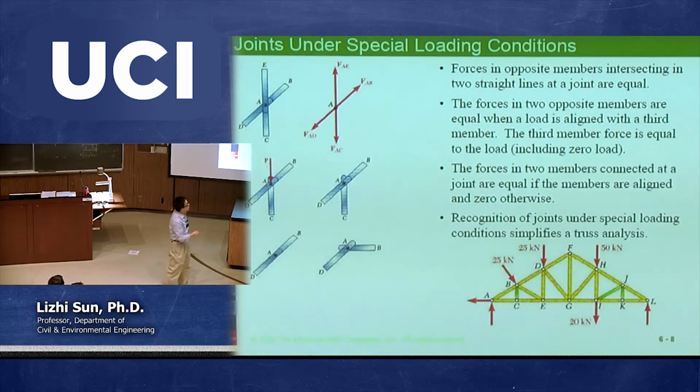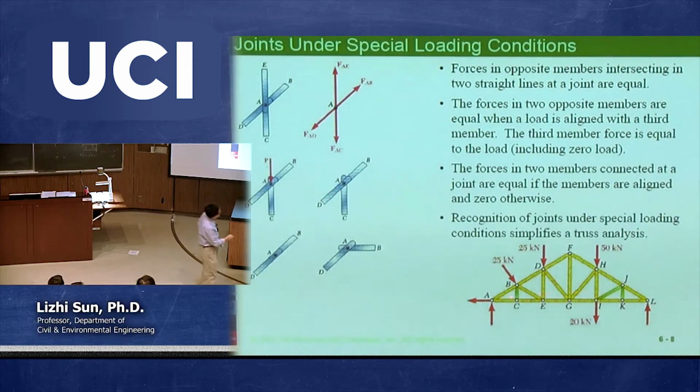So this F doesn't help. But let's look at joint C. Joint C, you have 3 members and 2 of them are in one direction. Look at this. Then immediately you can say that the third one is what? That equals 0. See? So this one equals 0. That's why we use a green line. Okay, that's good. So that's the conclusion we have based on this.